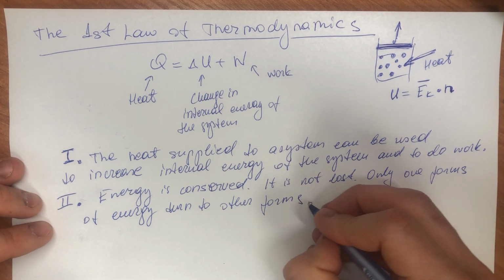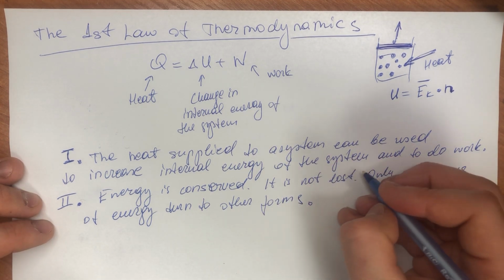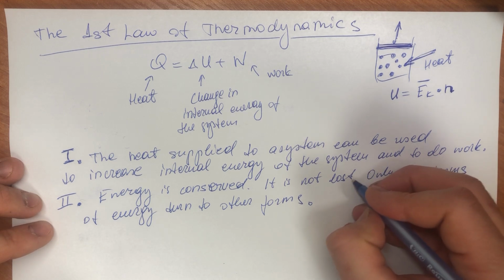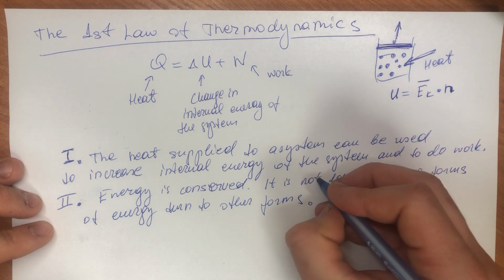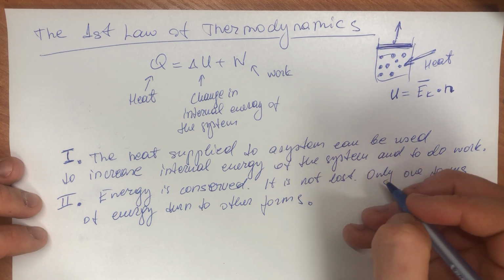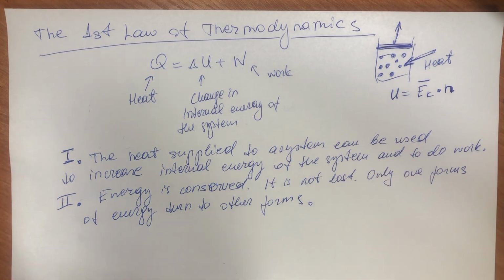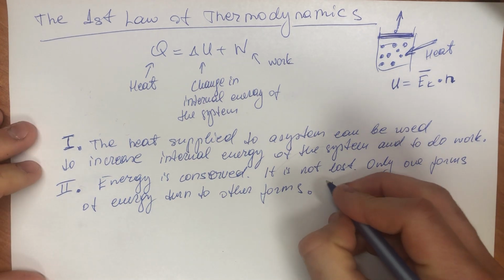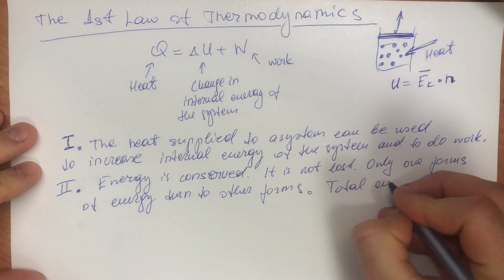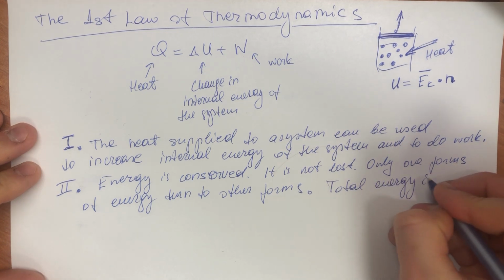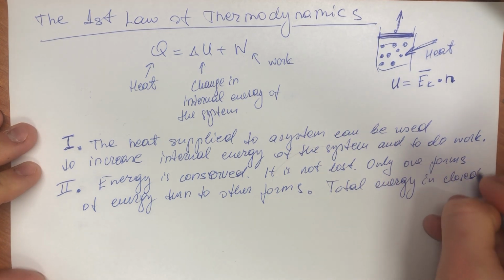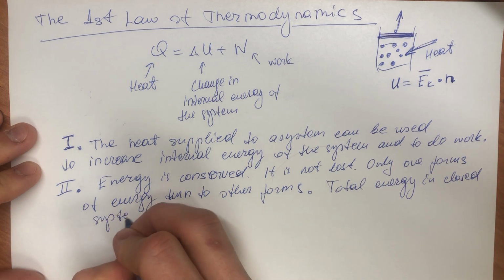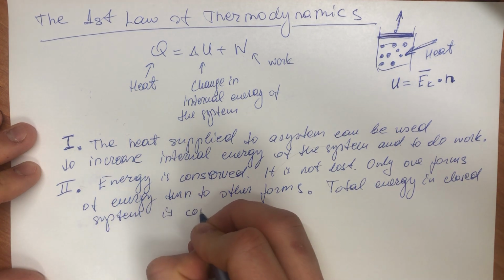It is neither gained nor lost, just the total amount is the same. So total energy in a closed system is constant.